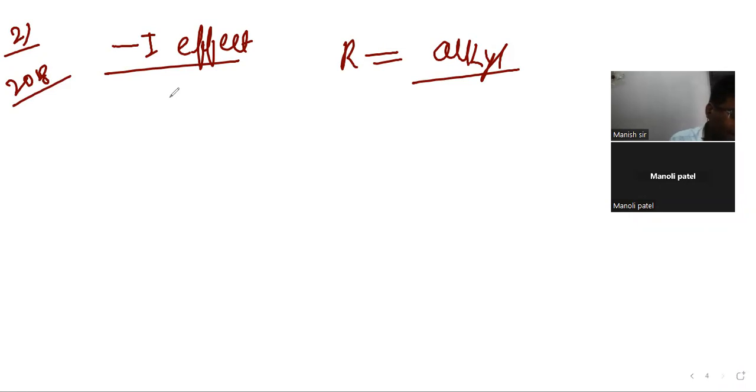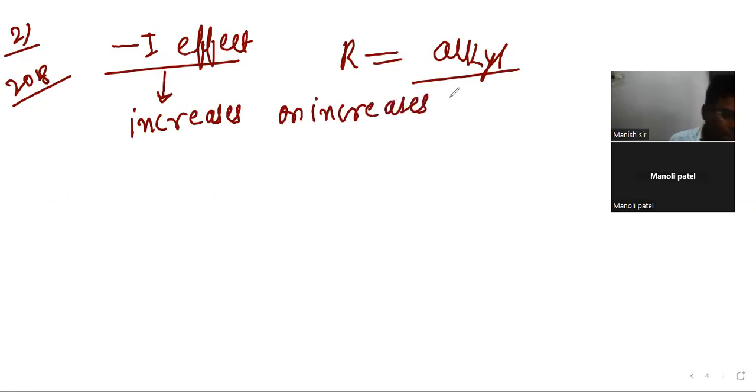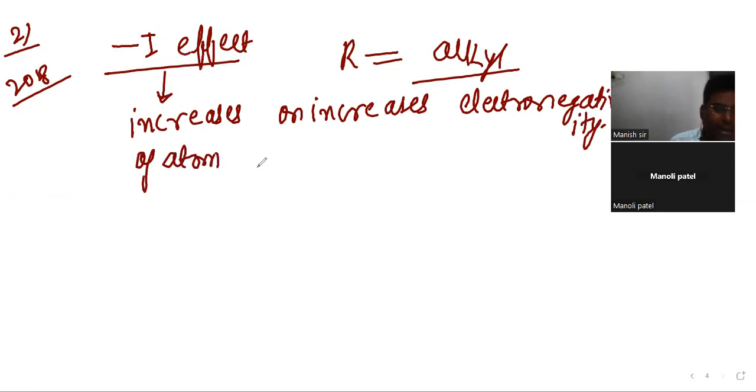The minus I effect increases on increasing the electronegativity of the atom. So its correct order will be NH2, OR and F. Fluorine is more electronegative.